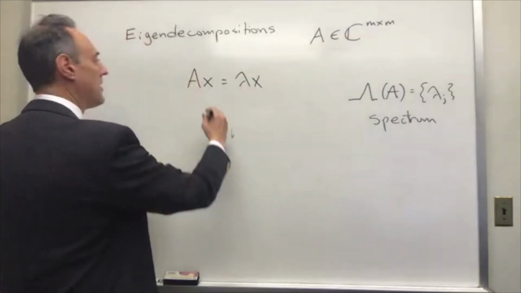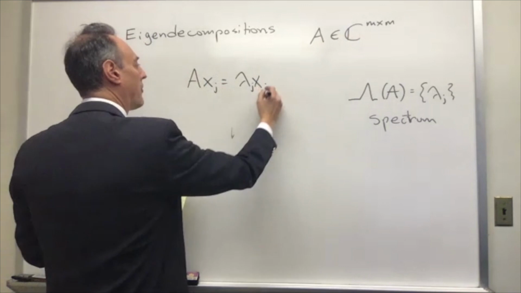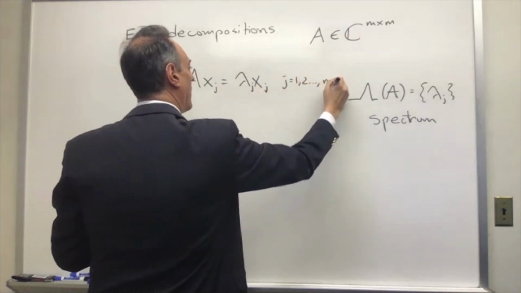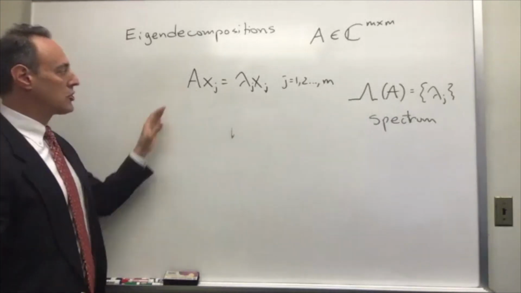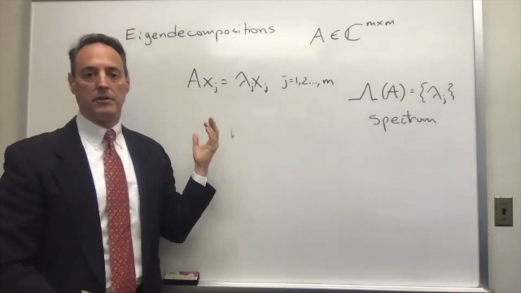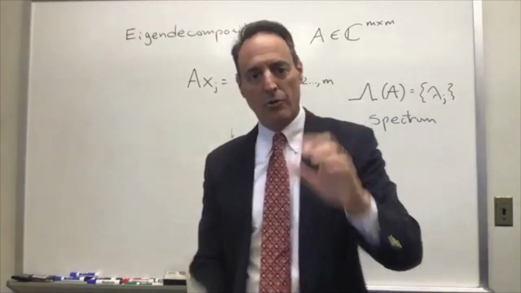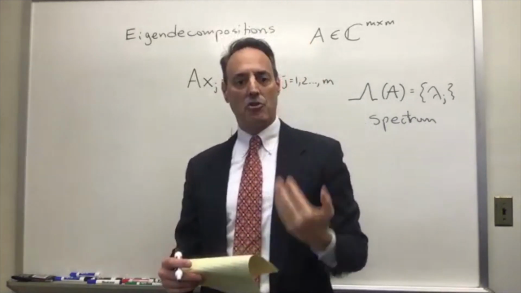So let's represent these with a j here. So j goes from 1 to 2 all the way to m, because that's the size of this matrix. So I have a bunch of special directions that when I take that direction and multiply by the matrix A, I stay in that direction.